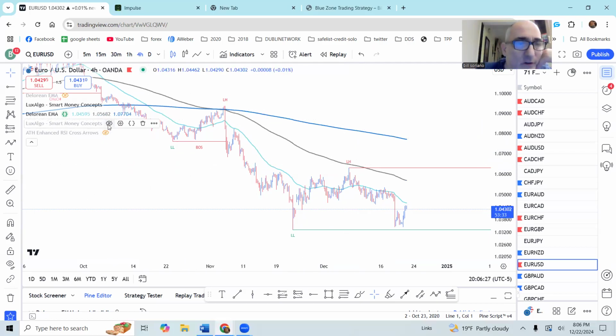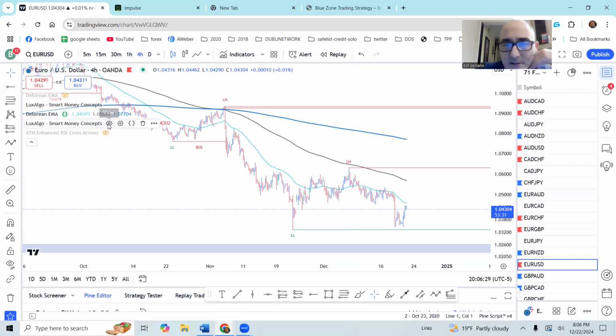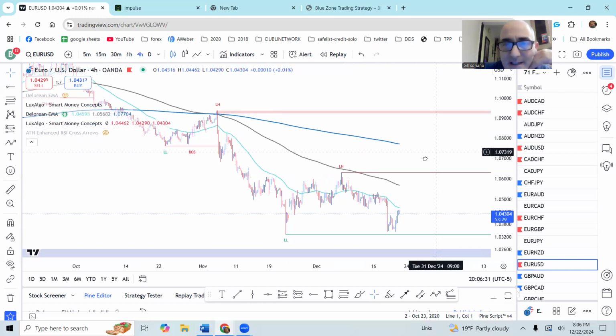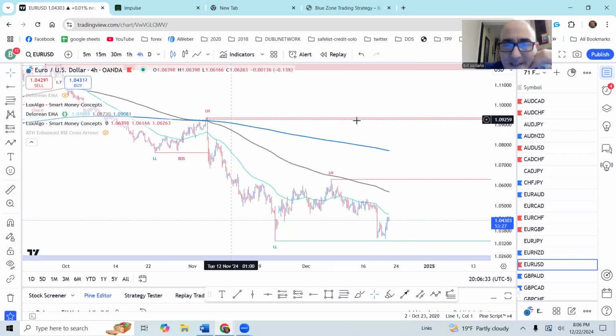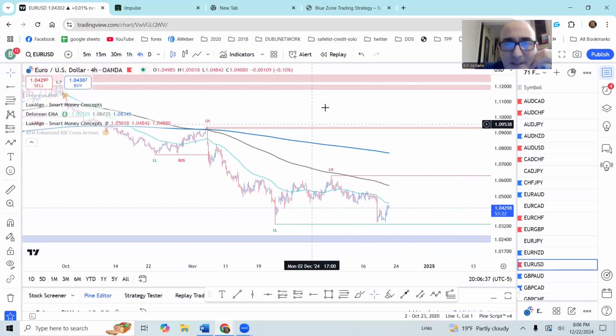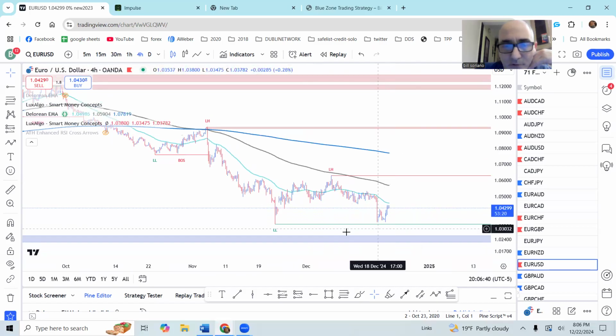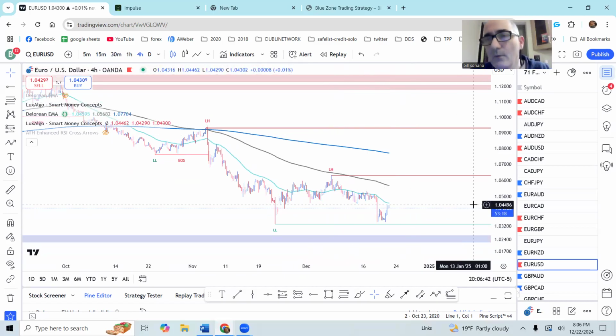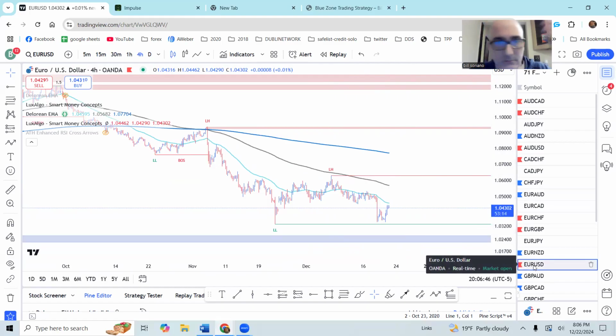So we turn on the Smart Money Concepts Lux Algo indicator, and it gives us an order block up here. So it doesn't give us an order block here. You could see the pink zones are the bearish order blocks. The blue zones are the bullish. We're not concerned with the bullish because we know this is bearish. It's going down.